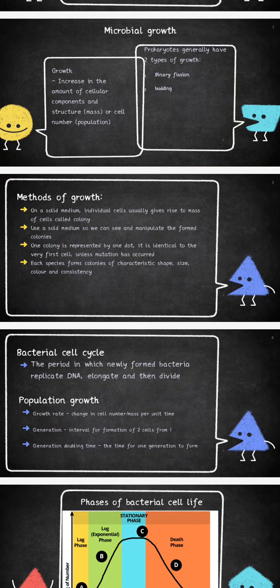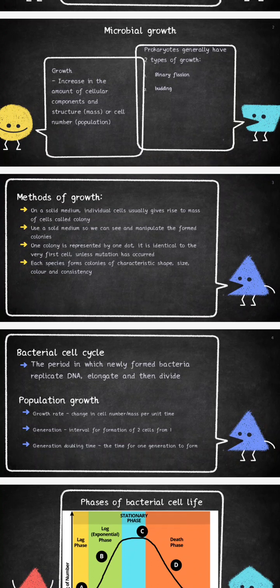Next is elevation, which is the cross-sectional shape of the colony. Third is the margin, which is the magnified shape of the edge of the colony.